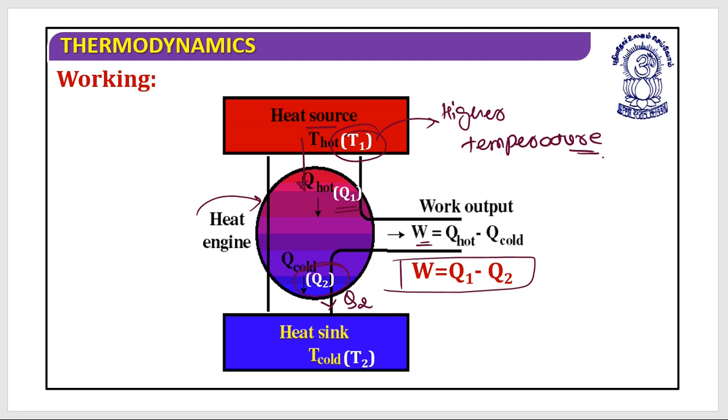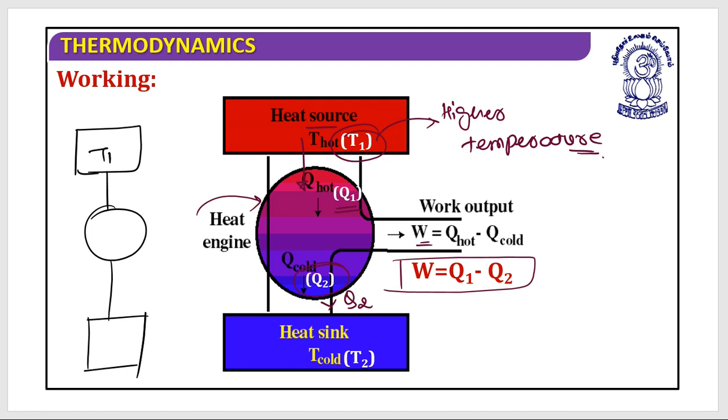So the situation is something like this: this is T1, the source of the engine, and it is at a higher temperature. This is the working substance from which work will be available. From T1, I am going to deliver an amount of energy which is Q1.